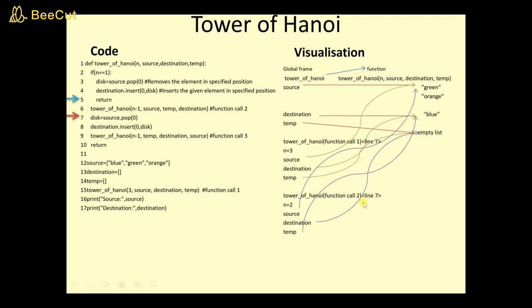Now here you can see I have written something, line 7. What this means is that earlier for this function we have moved till code line 6 and no return line came. So this function keeps on moving until some value is returned.